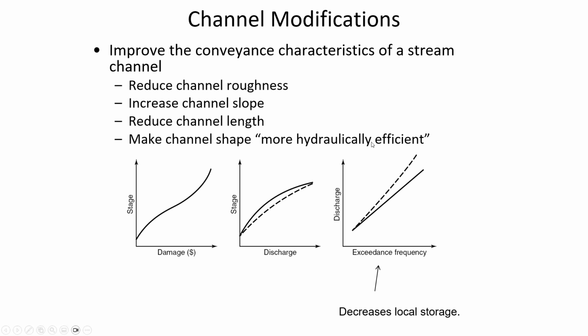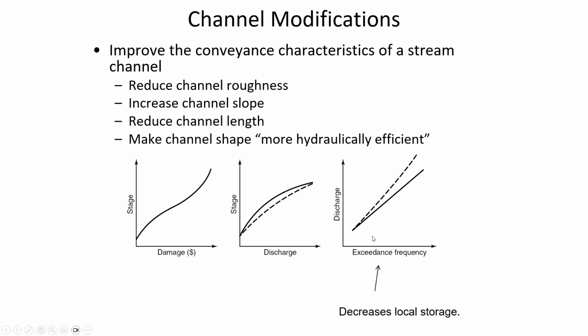Now we've seen this one before, this first one of exceedance frequency versus discharge. In the same way that a levee makes the water move more quickly through the stream, and so it's subject to a quicker time to peak, the same thing happens with channel modification.